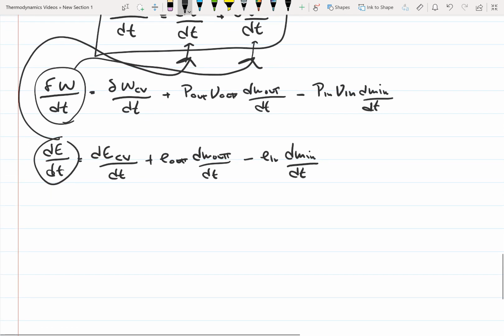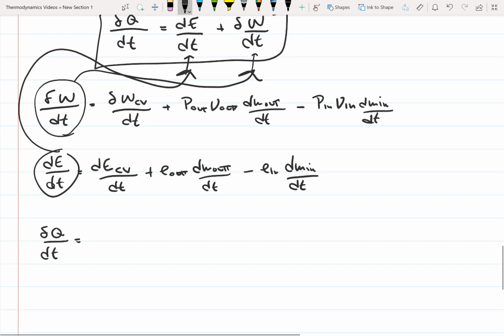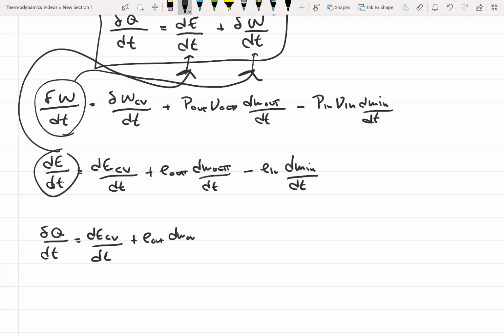So if we do that, we get that dQ/dt is equal to, and I'm going to start with dE/dt. So I have dE_cv/dt plus E out dm out dt minus E in dm in dt.